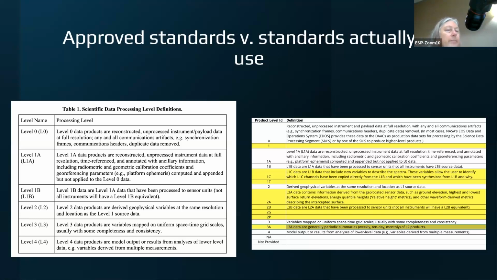So if you want to have a conversation about how to convey level information to users, especially since NASA and NOAA seem to be coalescing on trying to use CMR to combine data, your audience may be larger than you think.